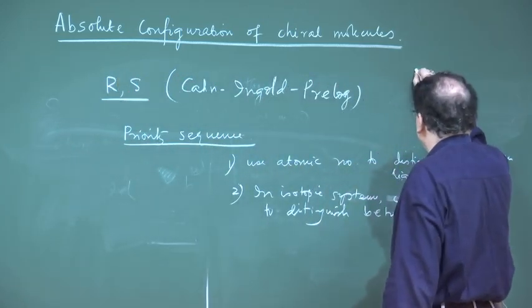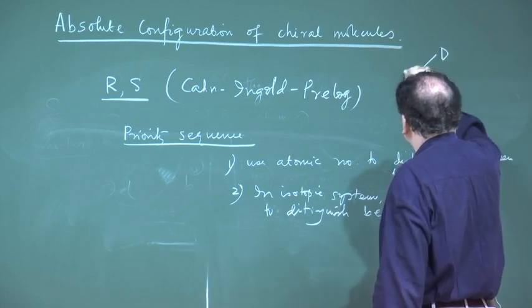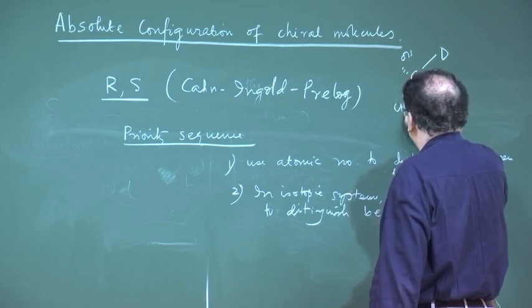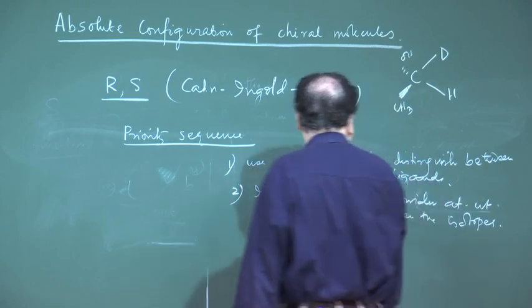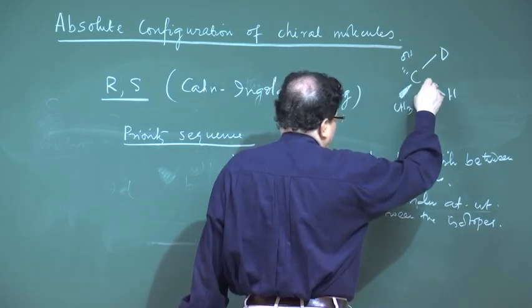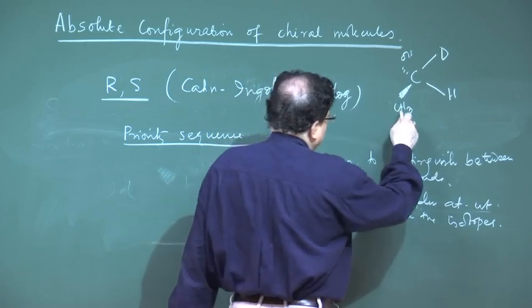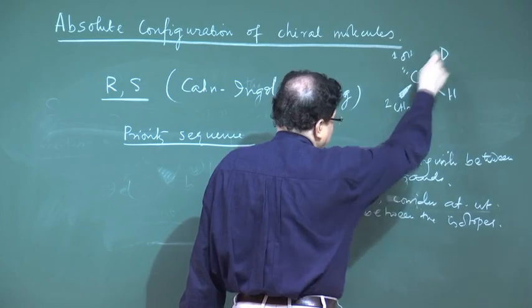What I am saying is, suppose a deuterium is attached and a hydrogen is attached, and suppose a wedge and a methyl. Then assigning the priority sequence, first you have to go by atomic number. So, atomic number wise this is number 1, then this is number 2, and then you are stuck.